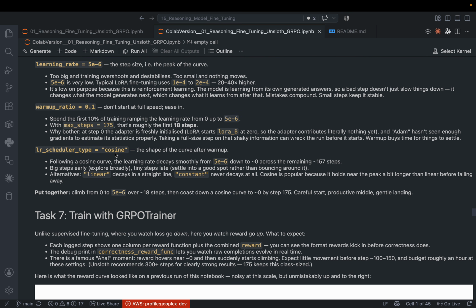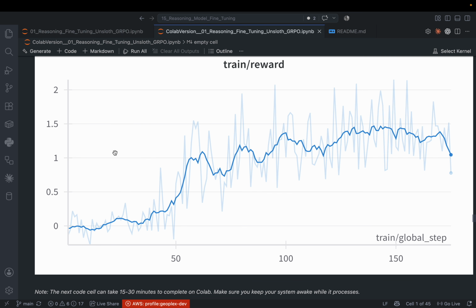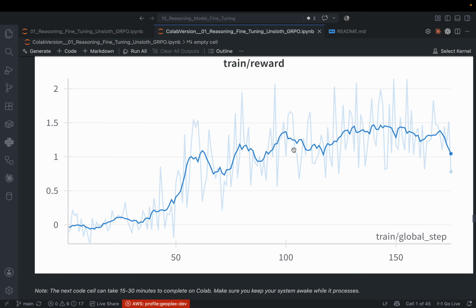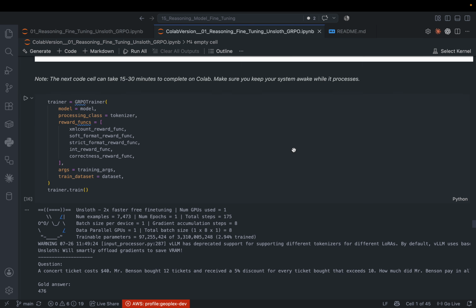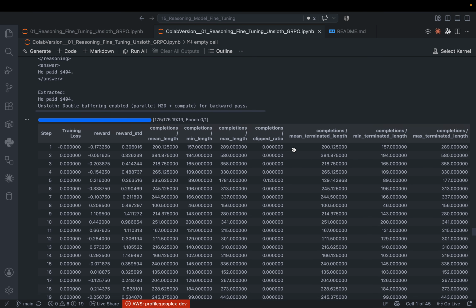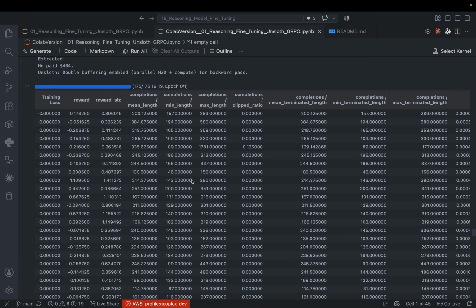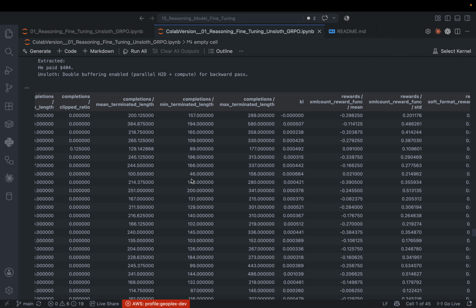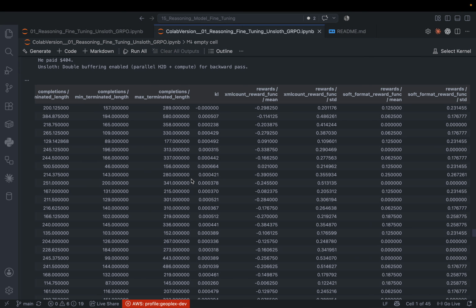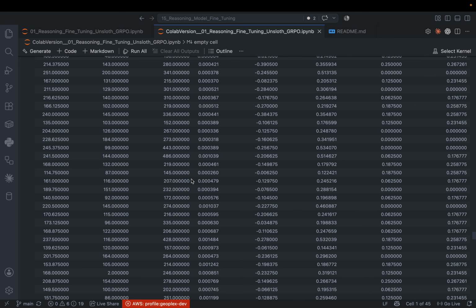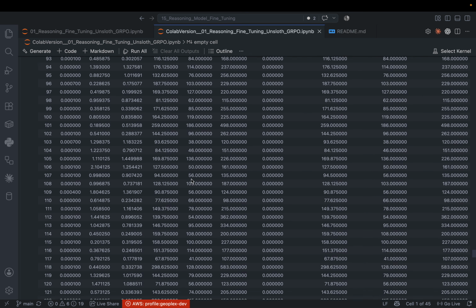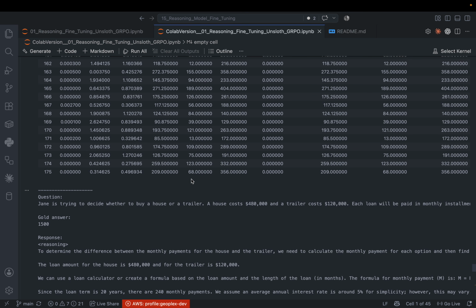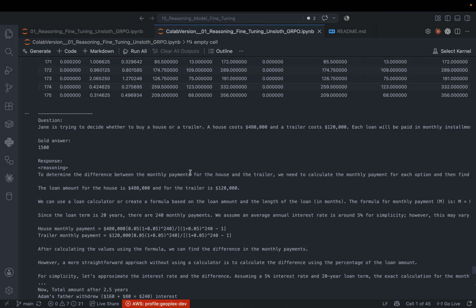Continuing on, we can see the train versus reward graph here across all the steps as it trains. Here we have that big training run that happened, giving it those soft rewards to start off with, and so on. You can see we did, wow, quite a lot of runs, 175 runs.